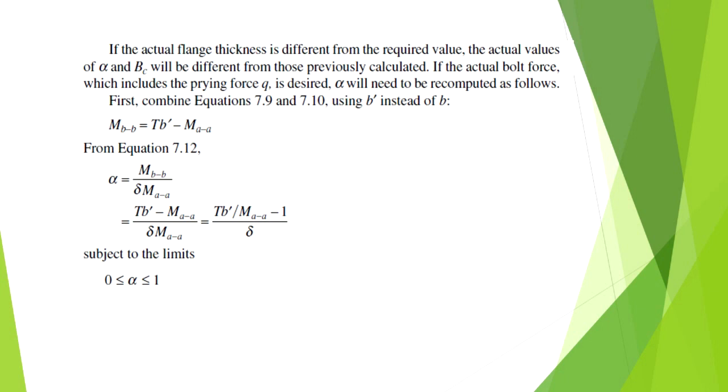First, combine equations 7.9 and 7.10 using B prime instead of B. M sub B to B is equal to T B prime minus M sub A to A. From equation 7.12, alpha is equal to M sub B to B over elongation times M sub A to A, which is equal to 1 over elongation times T B prime divided by M sub A to A minus 1, subject to the limits alpha is greater than or equal to 0 but less than or equal to 1.